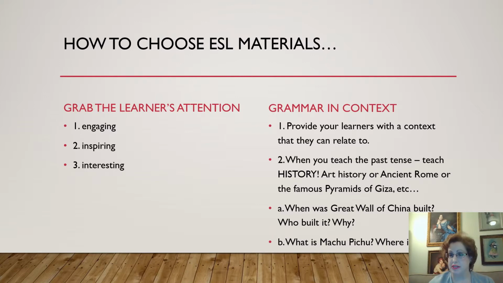For example, if you teach primarily Asian learners, ask them, when was the Great Wall of China built? Who built it? Why was it built? Again, we have context. We're teaching history. This is a great review of the simple past tense and WH question words.